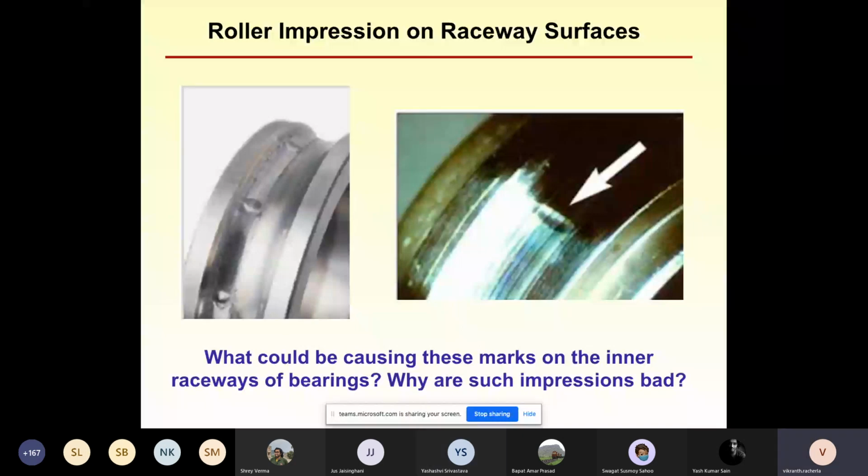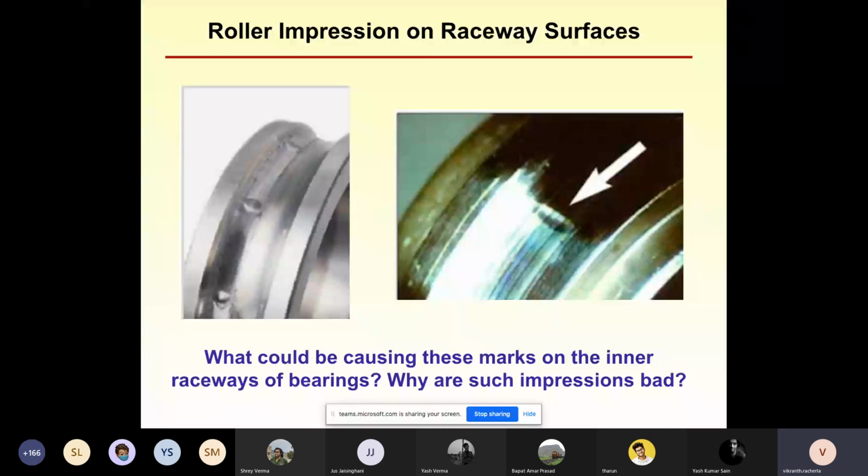Sir, is it because it happened when the vehicle is stationary? Yes, exactly. It could be one or two things. First, there is a high possibility that this happened during mounting.